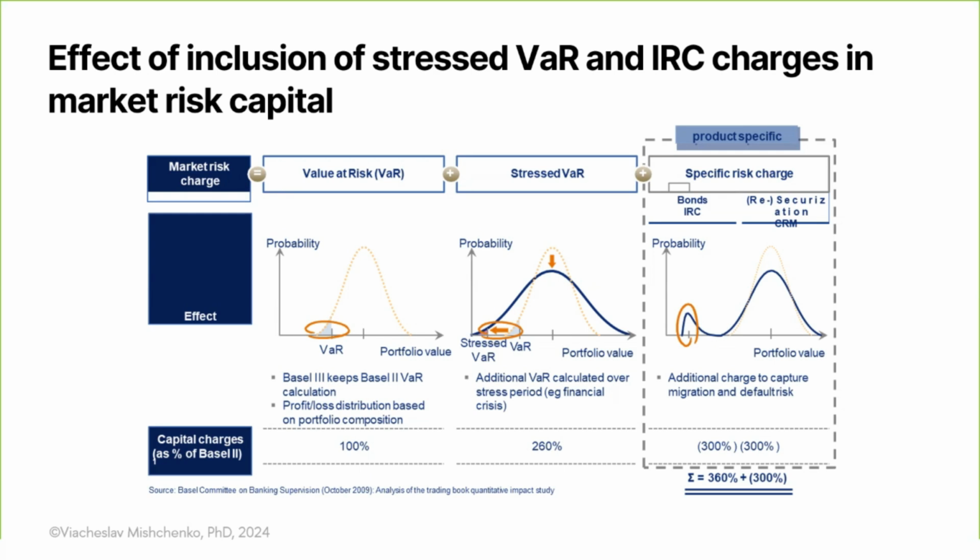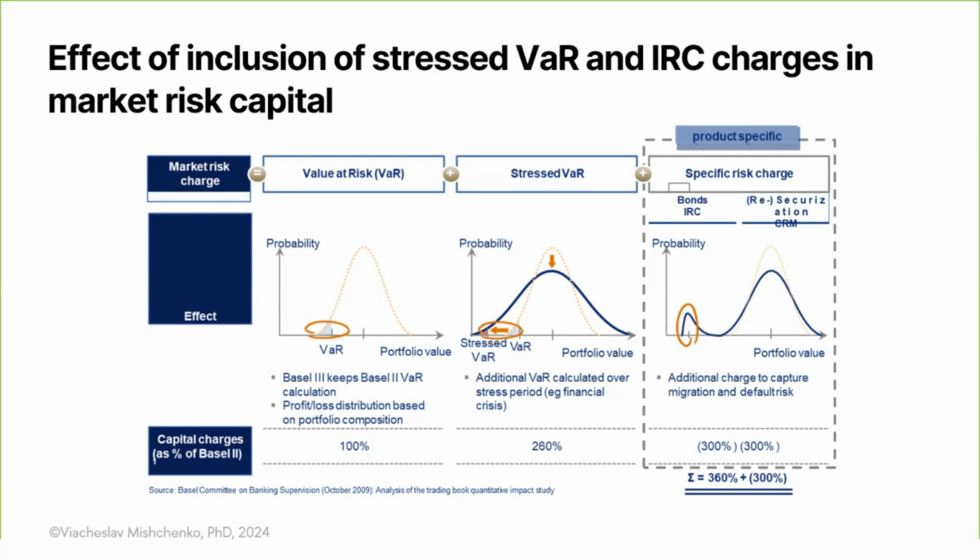Here the big drivers are stressed VaR and the incremental risk charge. You can see that stressed VaR is essentially doubling our value at risk-based capital requirements. So you can imagine the degree of underestimation of the simple VaR approach. And IRC is adding a whole new layer on top of that.